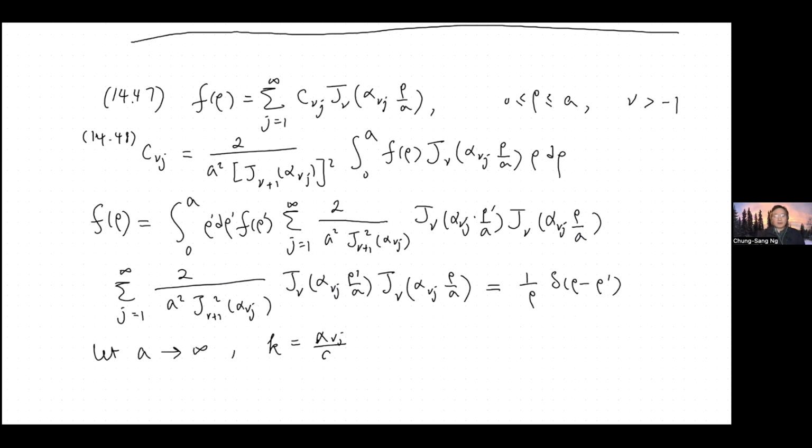And so this is k times rho prime, this is k times rho, right? And then obviously, for any finite k, because a goes to infinity, everything would be zero except when alpha goes to infinity. So it means that finite k implies alpha nu j goes to infinity.